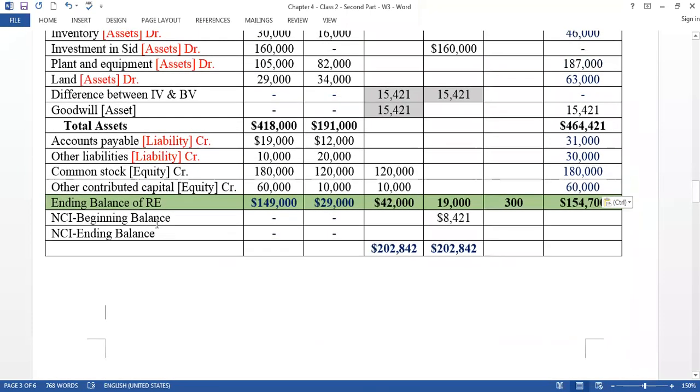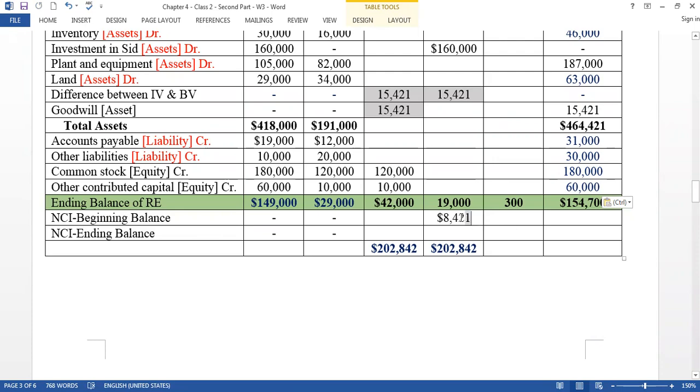Now we have 2 remaining cells, one for NCI beginning balance, and we have NCI ending balance, but we don't know the ending balance.